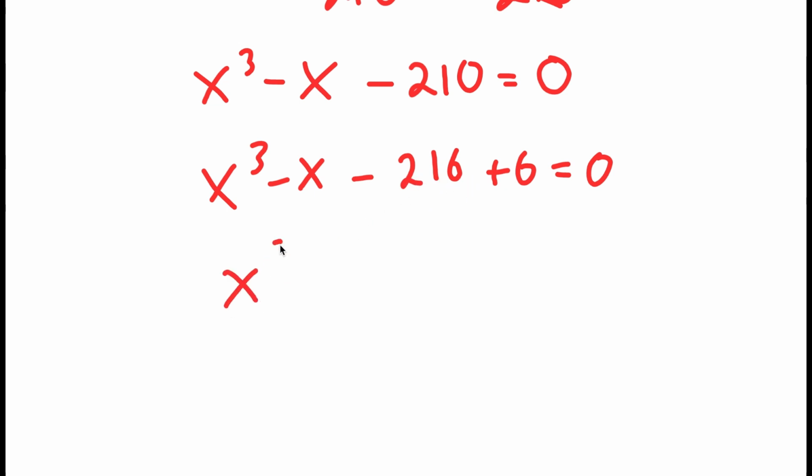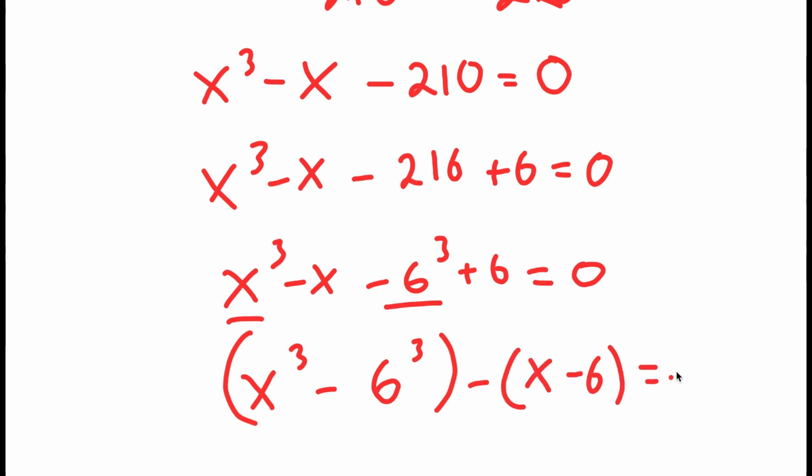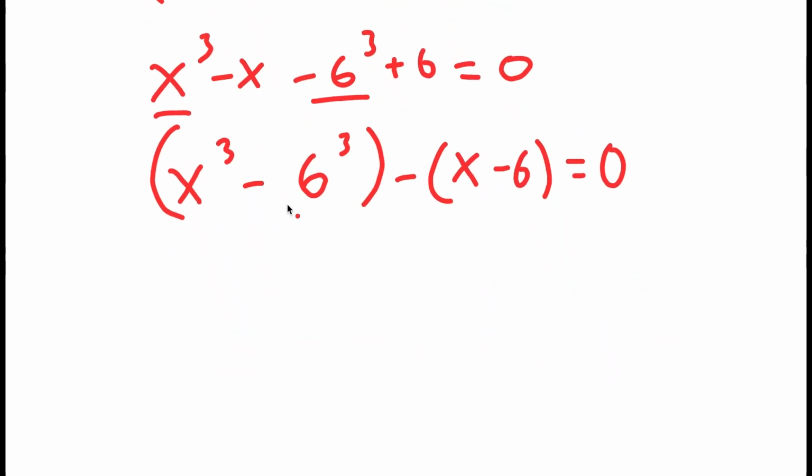So I get x to the power of 3 minus x minus 6 to the power of 3 plus 6. And now we can group x to the power of 3 and 6 to the power of 3 together. So I get x to the power of 3 minus 6 to the power of 3 minus x plus 6, which we can rewrite as minus x minus 6, because we're grouping these two.